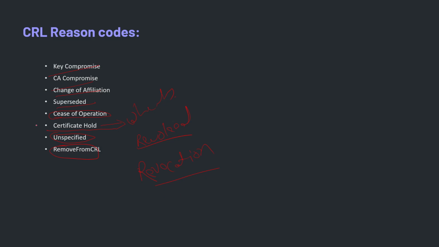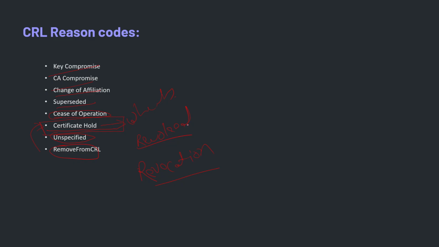So this is the only reason you can use while revoking a certificate that will help you to use that certificate again. Whenever you use this certificate hold reason, you can use that certificate again. But if you have mentioned any other option while revoking the certificate, you cannot use that certificate again, and you will have to order a new certificate.